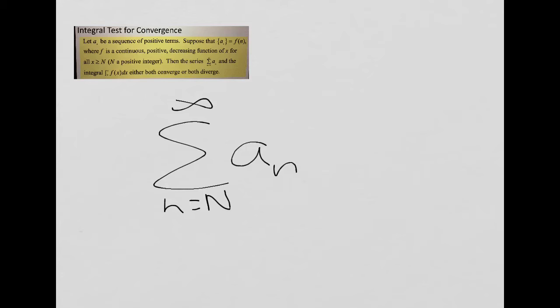So we have to make sure that n starts at this value here when we do the actual tests. It makes more sense when you actually see an example. So let's get to our examples. Hopefully you had some time to copy this down as I was explaining everything.